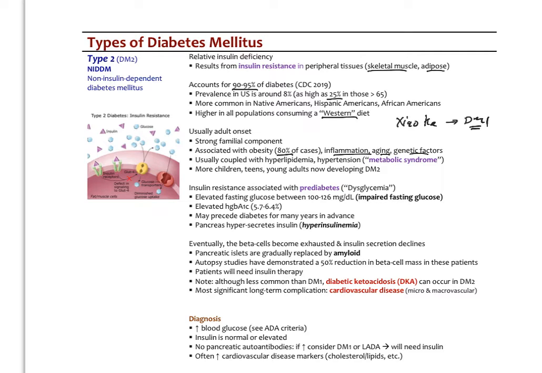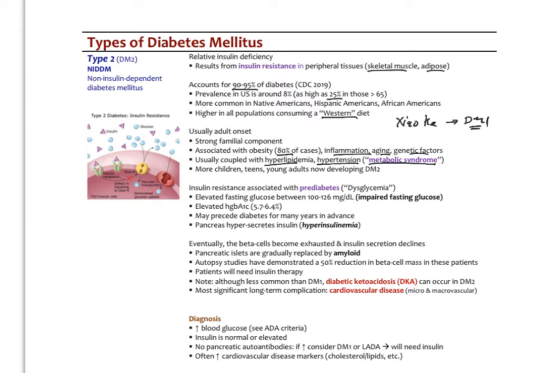And we often see this coupled with hyperlipidemia, hypertension, and abdominal obesity, and that gives us what's called metabolic syndrome. So I'll talk about the definition of metabolic syndrome, but many people have metabolic syndrome. Typically they will have pre-diabetes, which can actually progress into full-blown diabetes with time.